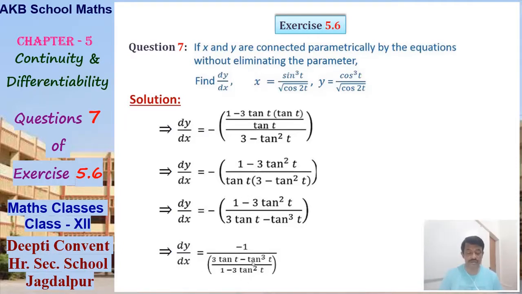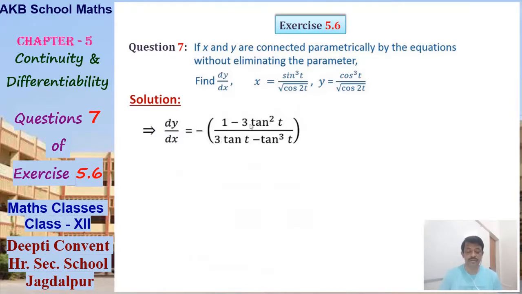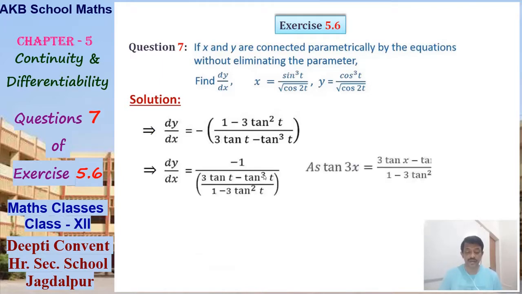So 3 tan t minus tan cube t upon 1 minus 3 tan square t, with minus of this. We know that tan 3x equals 3 tan x minus tan cube x upon 1 minus 3 tan square x. So this formula can be applied here. So this will change to tan 3t, minus 1 upon tan 3t.